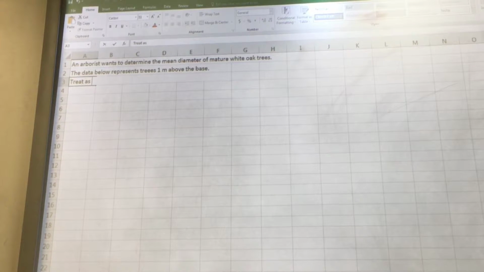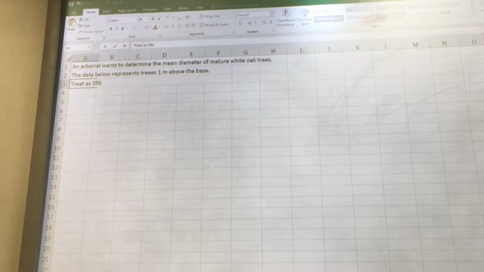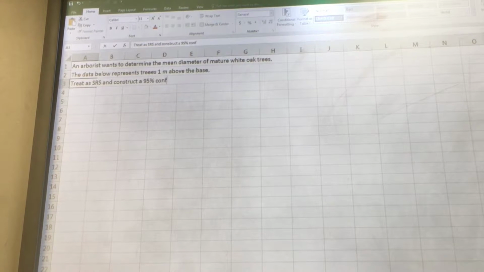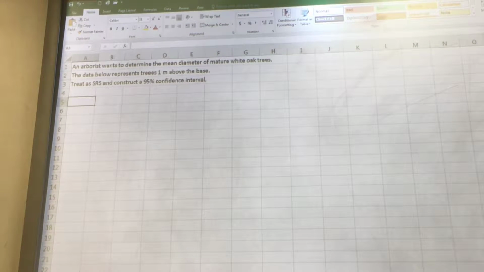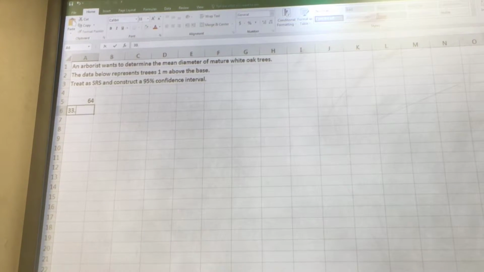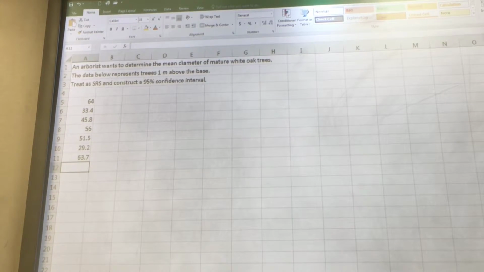Treat as a simple random sample and construct a 95% confidence interval. Okay? So I've got some raw data here. Went out and measured it myself. 6, 1.5, 9.2, and so on. Got some raw data here.